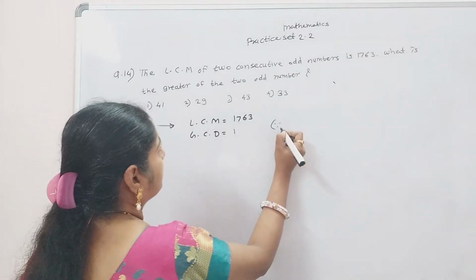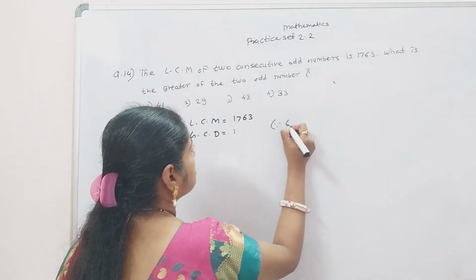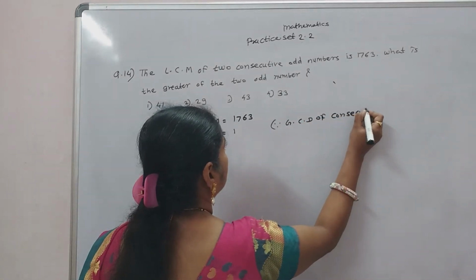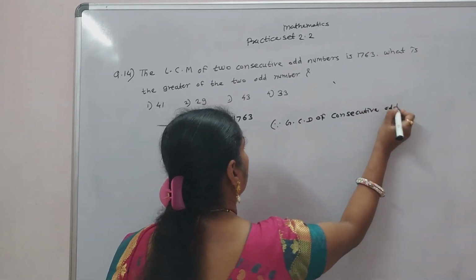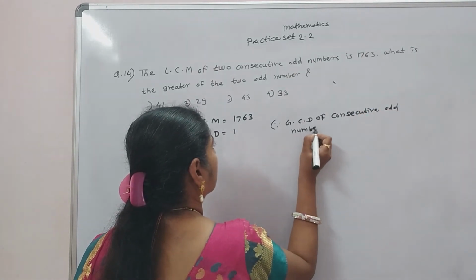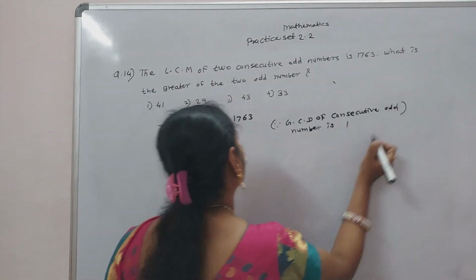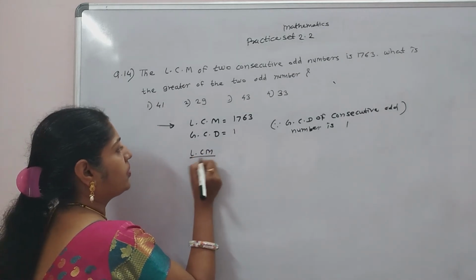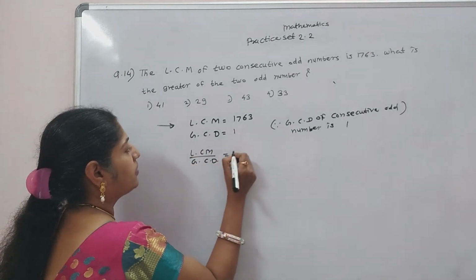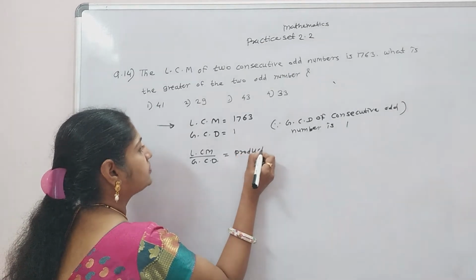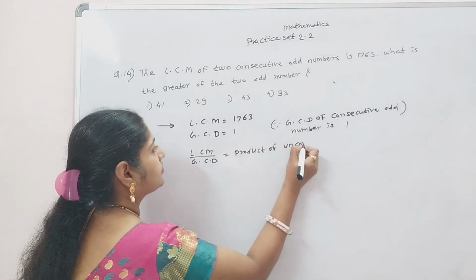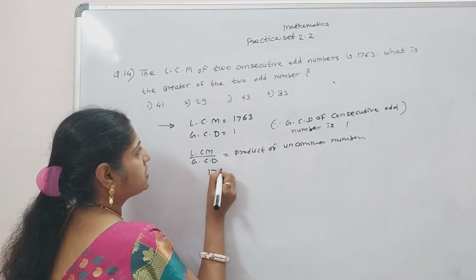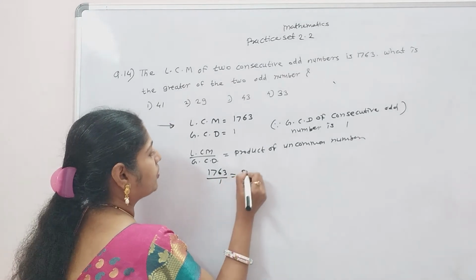The reason is that the GCD of consecutive odd numbers is 1. Now we have to find the two numbers. So LCM upon GCD equals the product of uncommon numbers. 1763 upon 1 equals the product of uncommon numbers.